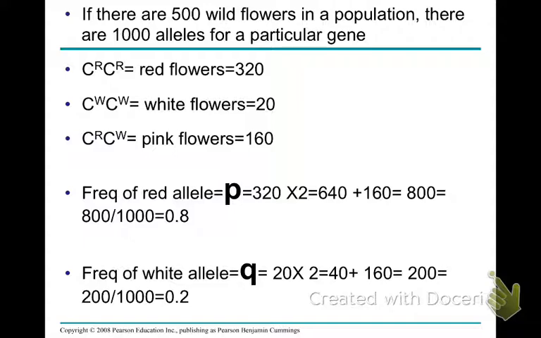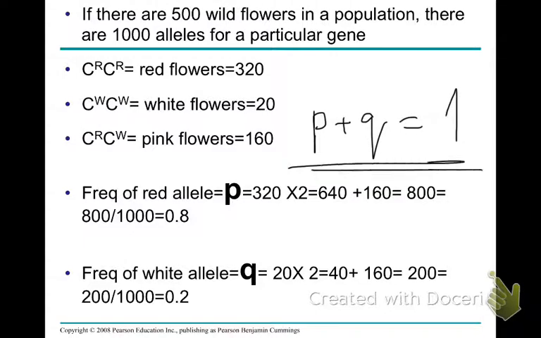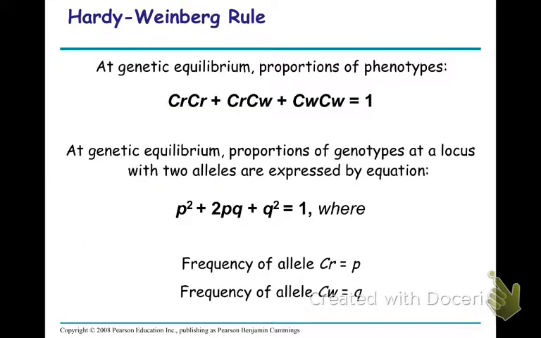And you find out what is the allele frequency for the red allele, what is the allele frequency for the white allele, and you find out that one important thing to note is the sum of all the allele frequency will always be 1. P plus Q will always be 1.